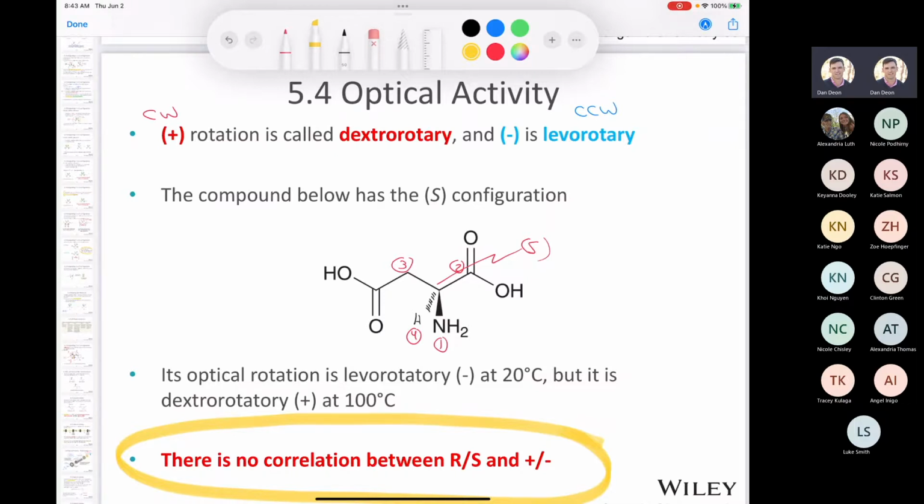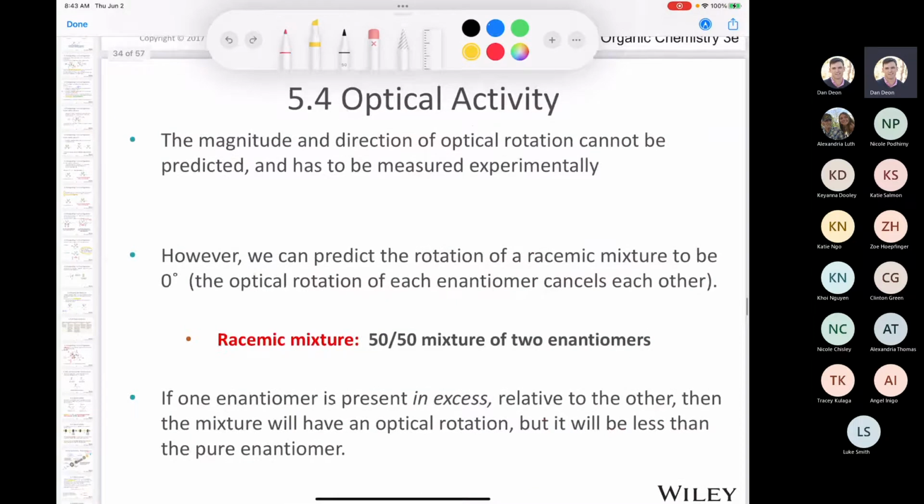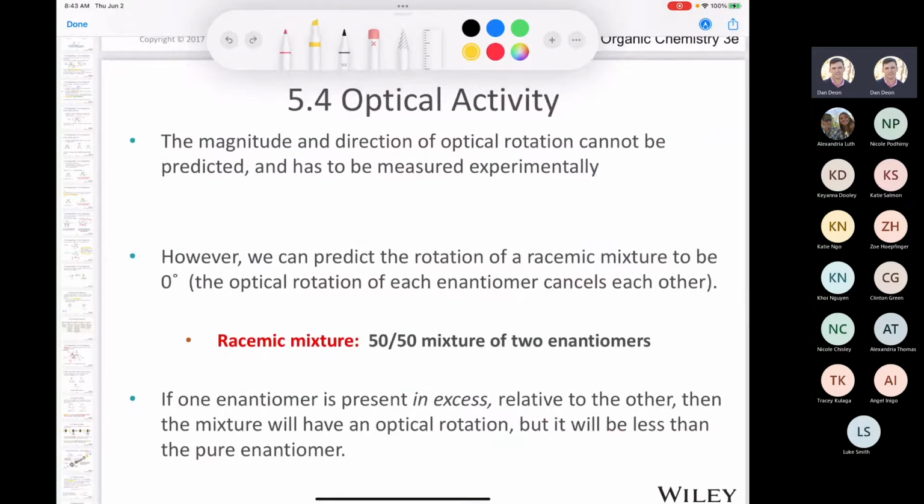There's no way to determine that. That is it. It's the only way. So again, the magnitude and direction of optical rotation cannot be predicted. Nobody is smart enough to say that. You've got to do the experiment and measure it.